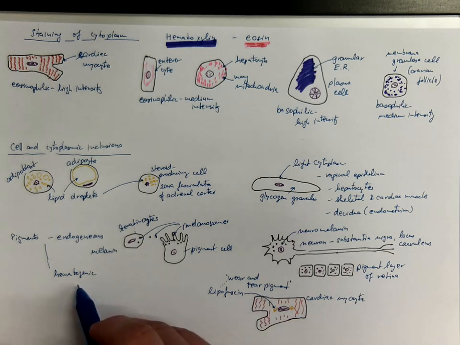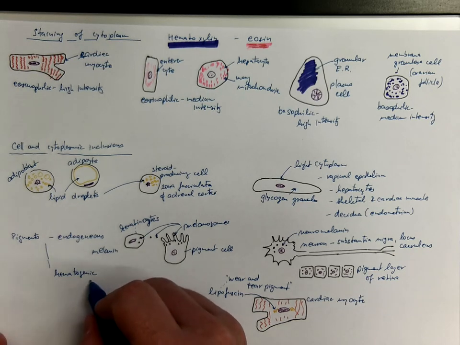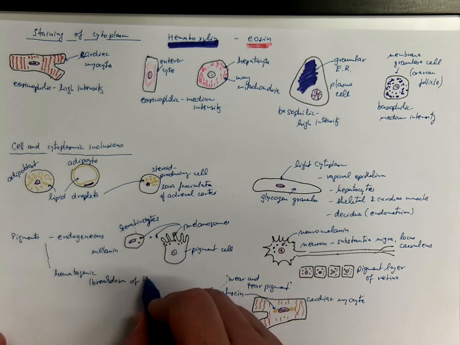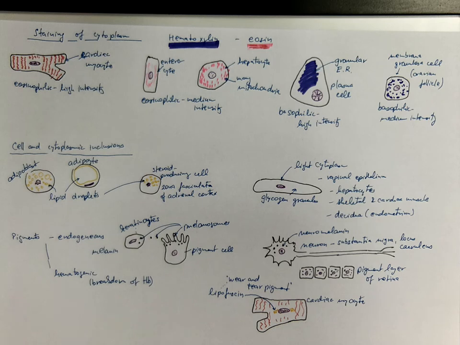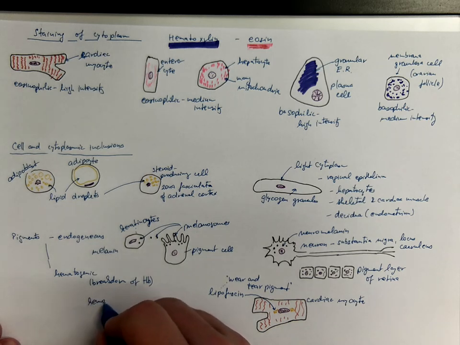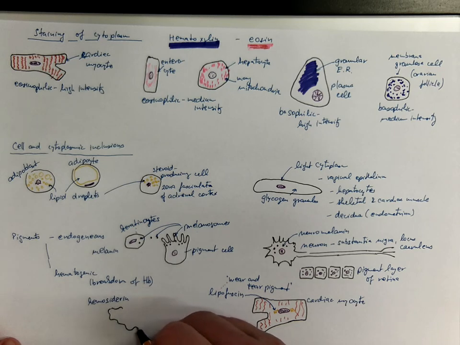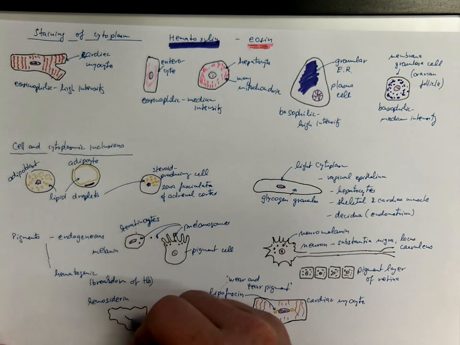An example of hematogenic pigments that come from the breakdown of hemoglobin is hemosiderin. And the hemosiderin could be found, for example, in macrophages that are dealing with dead red blood cells. So these are macrophages, and they have these hemosiderin particles.